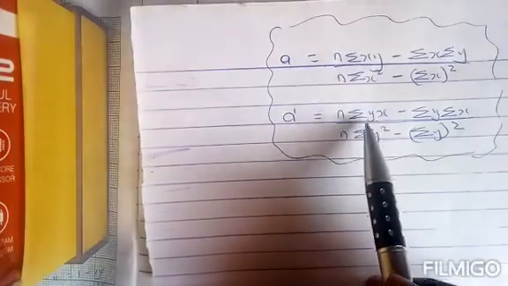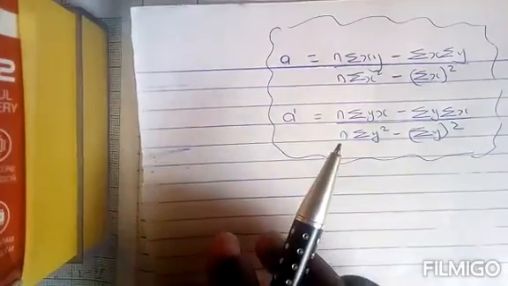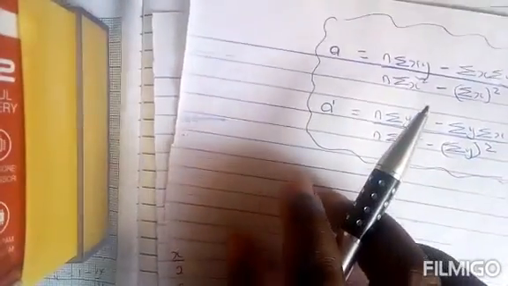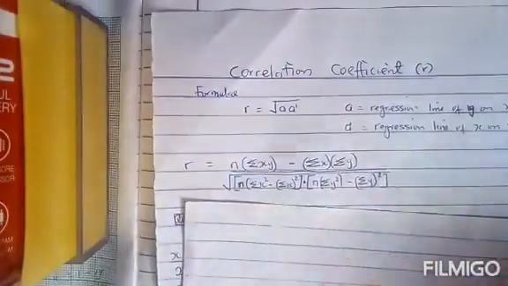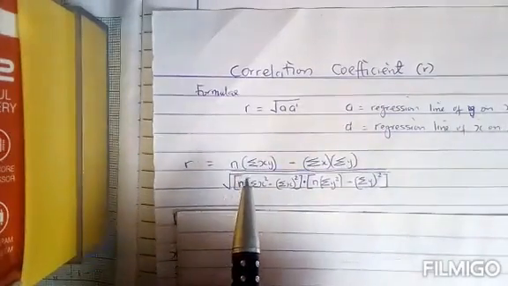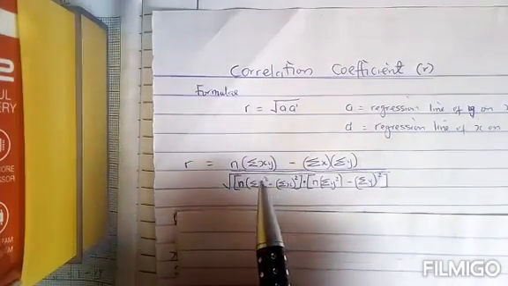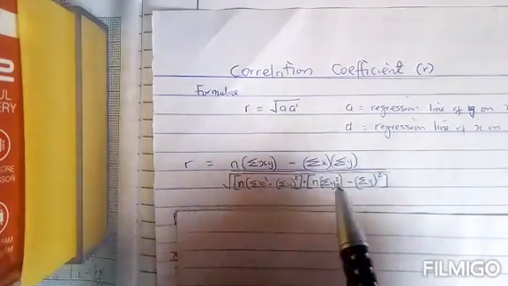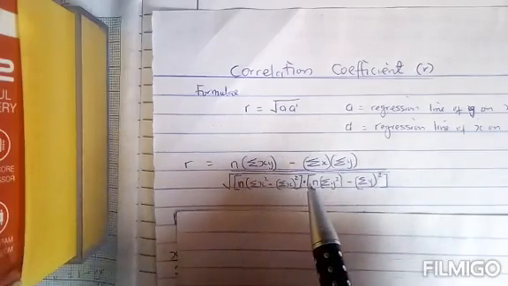So if you operate on these two, which I skipped, you will get the final formula that we'll be using today. That is this. I want you to take a look at this very well, because this is the formula that I'll be using.